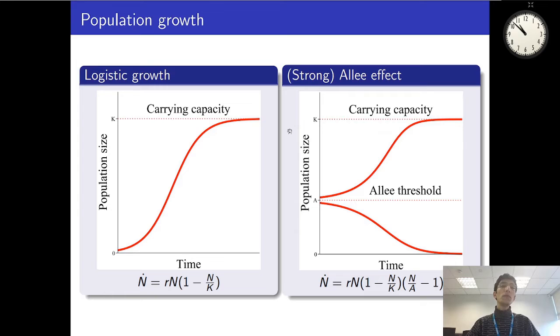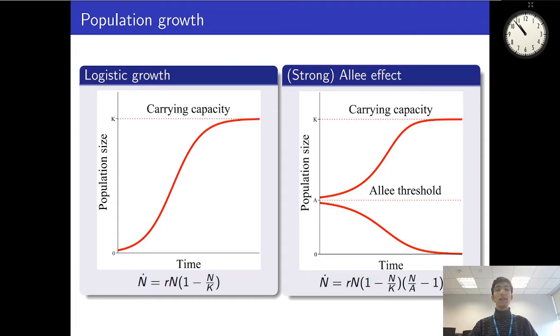If you have very few number of that fish in the water tank, then the amount of that chemical is also very little, so the water is not very safe for them. They start dying out. But if you have more than a threshold, which we call Allee threshold, of that fish, then the amount of that chemical is enough in the water and they can survive. So here you have three steady states: extinction and carrying capacity and Allee threshold, which is the unstable one.